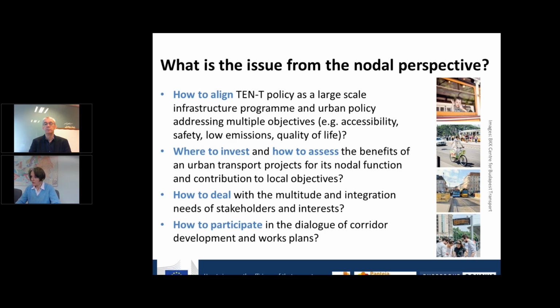If you have the task not only to look at the local level and at measures which contribute to the local objectives, but also which should contribute to connectivity. And also how to participate in the dialogue of the corridor development and work plans, which is an activity which is carried out on the TEN-T.